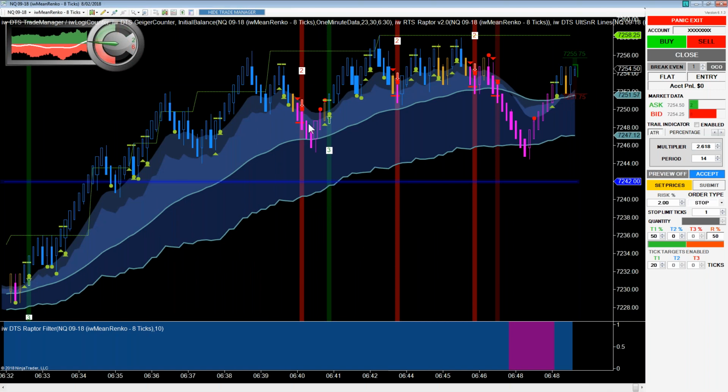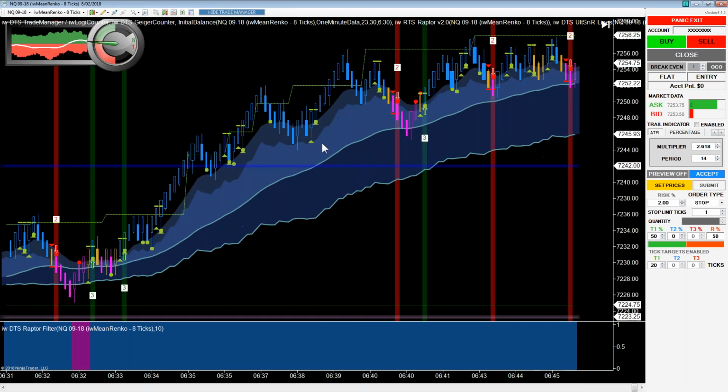The clouds. The Raptor, as you notice, has two clouds. The Eagle only has one. So with the Raptor, well, first let me go over the directionality of the clouds. This is what we call the soft edge of the cloud, this little edge here.